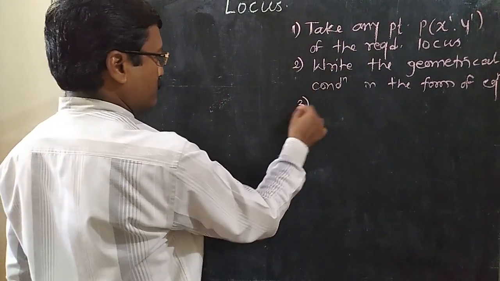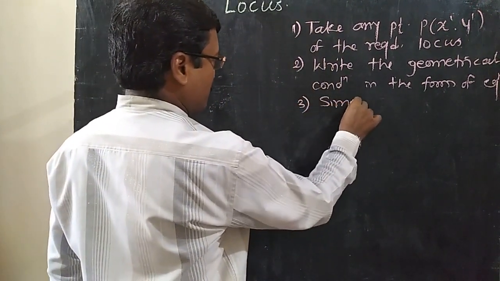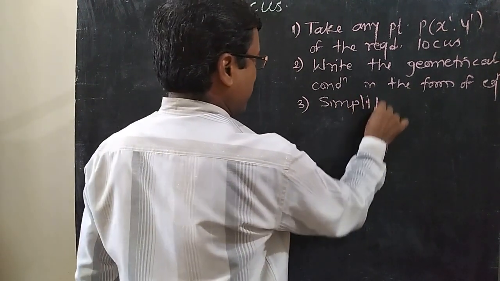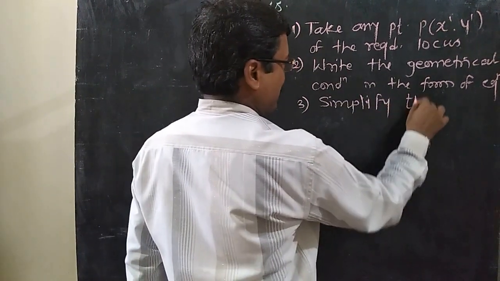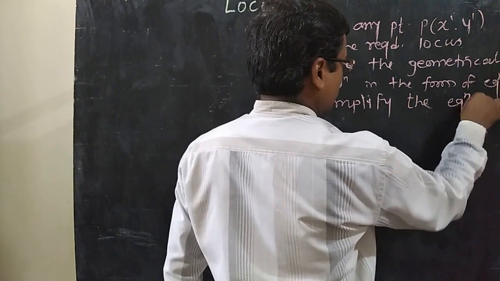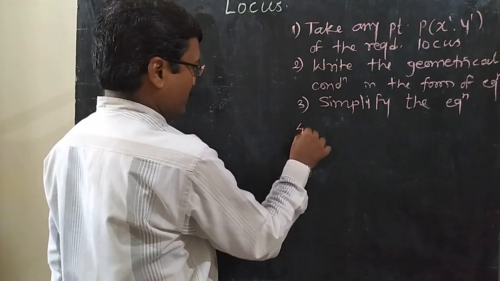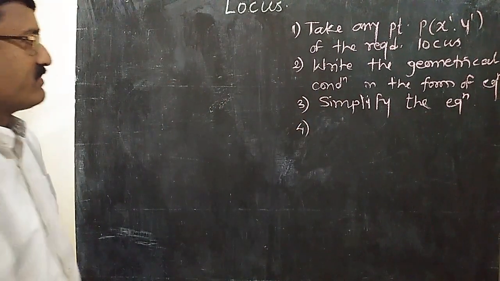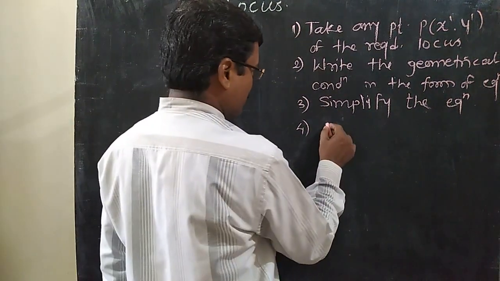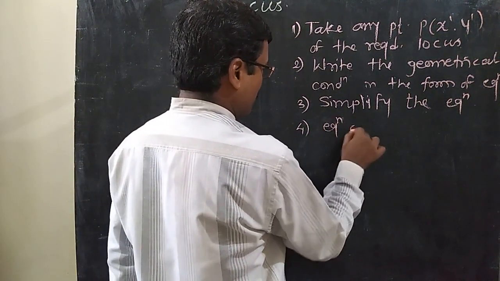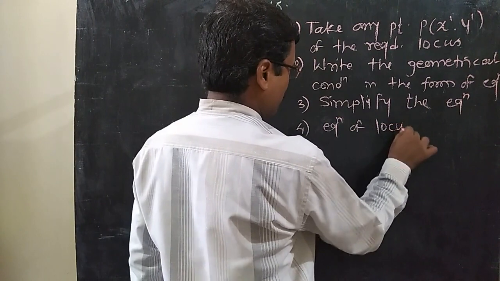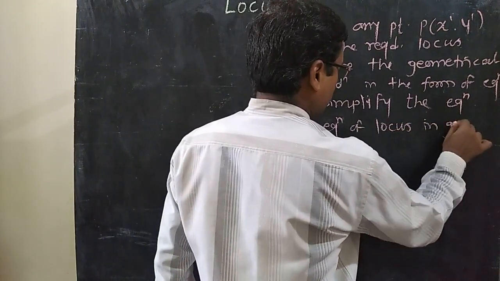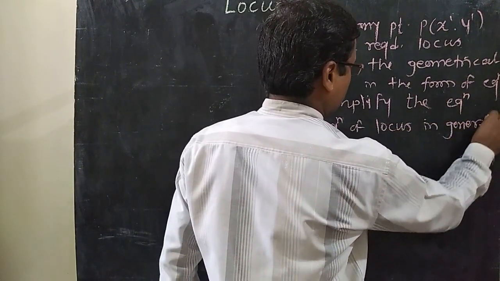Then in the third step, we will simplify the equation, and the last one, write the generalization or equation of locus in general form.